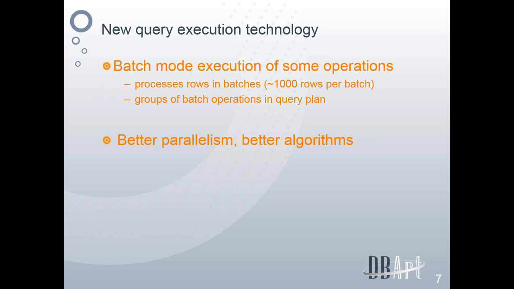And better parallelism, better algorithms. What does it mean, better parallelism? The core of the Optimizer was built and programmed in the years when a computer or server with 2 cores was considered a strong piece of hardware.